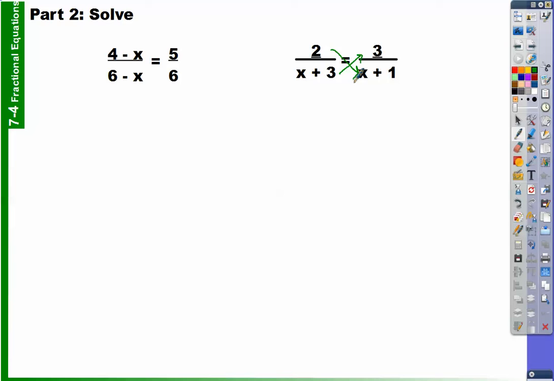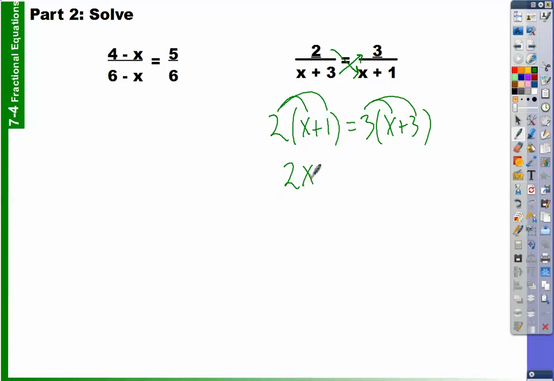So let's go ahead and multiply across the equal sign. We'll end up with 2 times x plus 1 is equal to 3 times x plus 3. Distribute. So we have 2x plus 2 is equal to 3x plus 9.